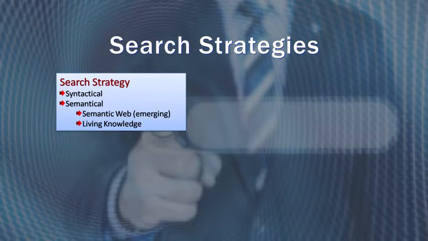One is syntactical search, where you give some keywords and you get maybe 100,000 references in 0.03 minutes. The second is the semantical search, which is based on the semantic web, or what we also call living knowledge, where smart agents take your request and do a concept based search rather than a syntactical based search.